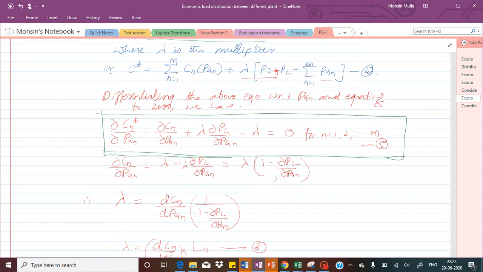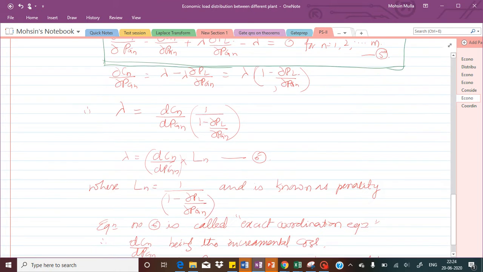Solving those equations, we are able to get the values of the minimum incremental fuel cost for the various plants. Then finally we got equation number 6, which is called the exact coordination equation, where this particular bracket value is called the penalty factor.